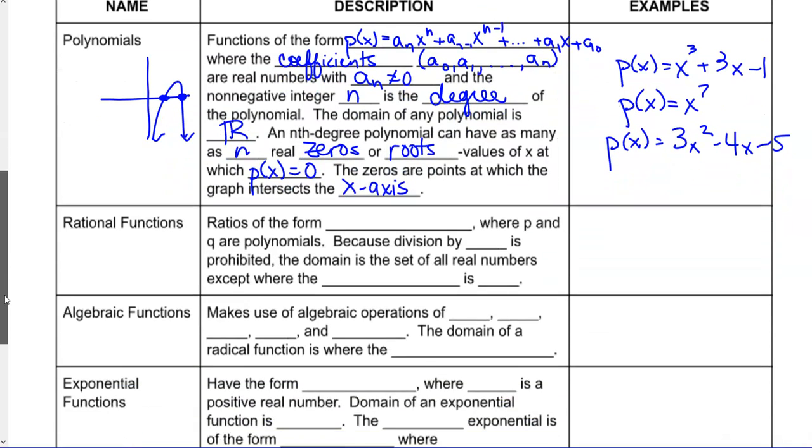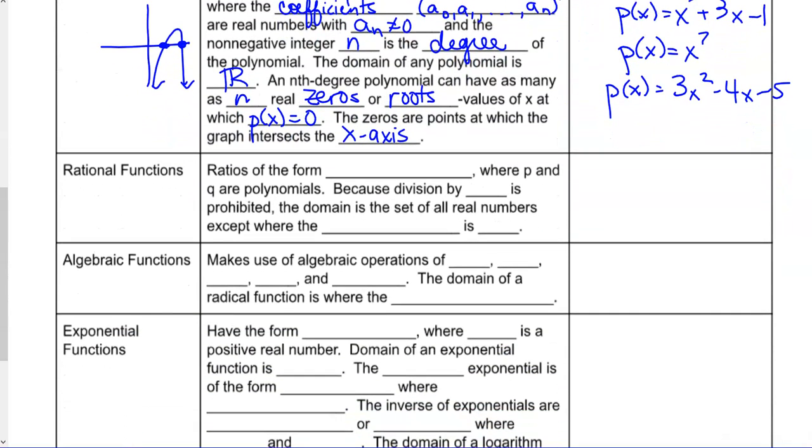All right, let's move on to rational functions. We alluded to some of this in section 1 on rational functions when we were talking about the domains. Ratios of the form f of x equals p of x over q of x, where p and q are polynomials. So it's basically two of what we just talked about and divided together.